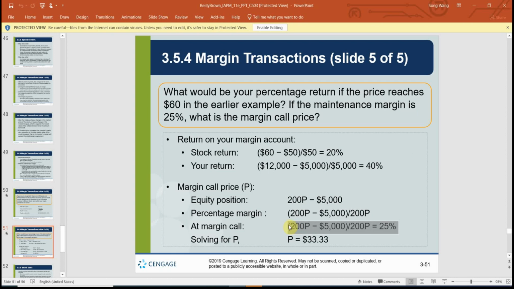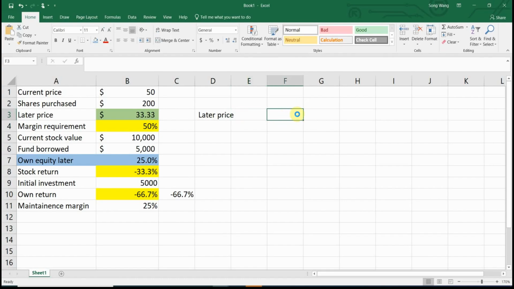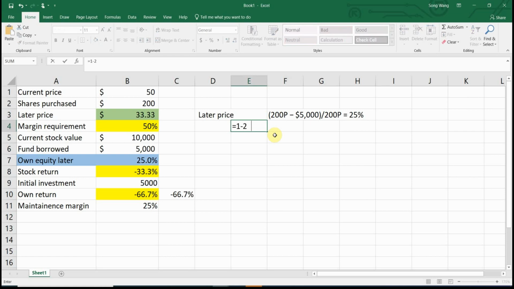Let me just copy it. It equals 1 minus 25%. That's 75% of the money will be the money you borrowed, because 25% is your own, 75% will be the money you borrowed, and the 5,000 will be the money you borrowed. So that would indicate $6,667.